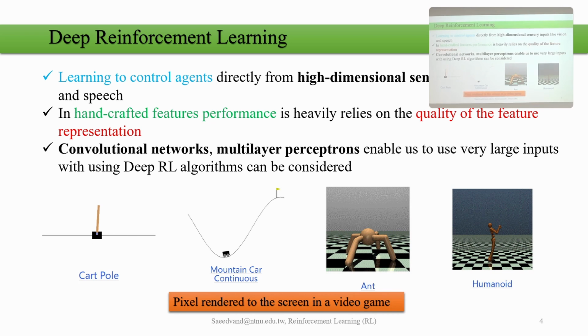So what we usually do is render the pixels to the screen like a video game, and we feed it to our algorithm, which we will discuss how to do. We render it, then capture the frame and feed it to the algorithm. But in OpenAI Gym, in the new library, you don't need to render it.